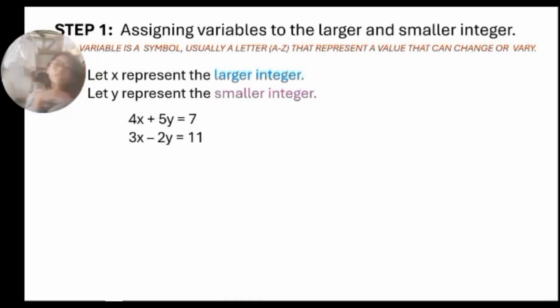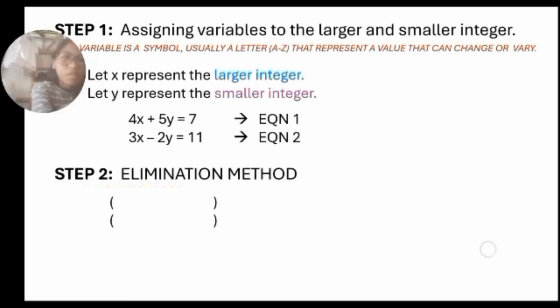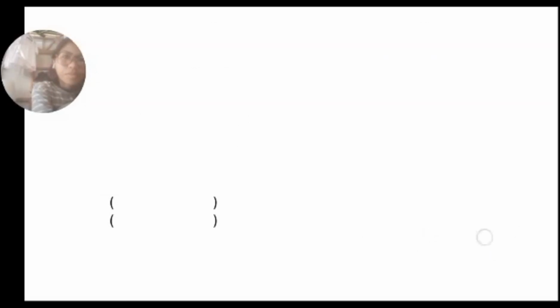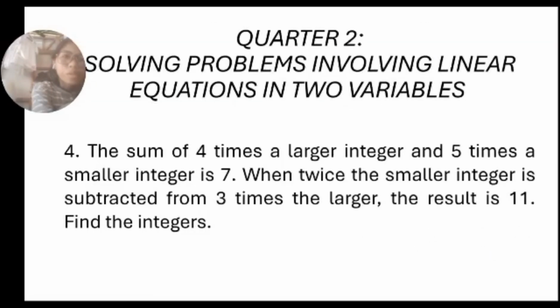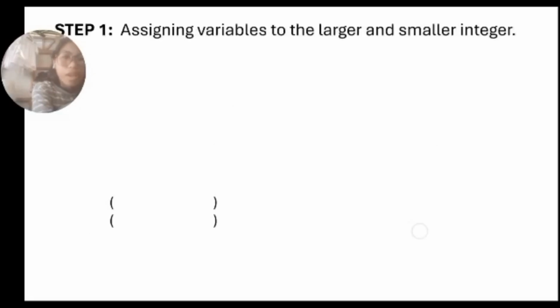So is gani in mathematics, is kay equal na siya. So managana equal ang gibutang diha is 7 equals 7. So the second sentence, when twice the smaller integer is subtracted from 3 times the larger integer, the result is 11.